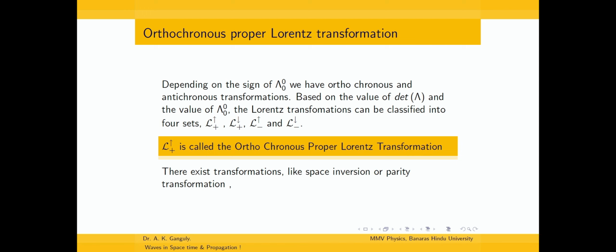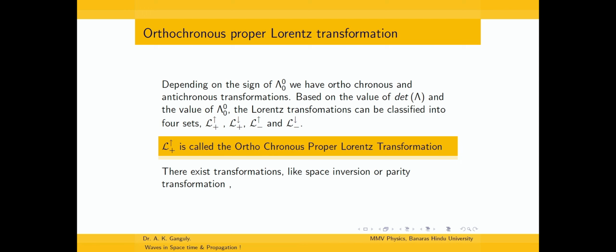So, now if we take these two conditions and do a little bit of permutation and combination, then we see we can have determinant of lambda plus 1 with these two other conditions. Those we have defined as orthochronous and antichronous, depending on whether lambda 0 0 is greater than or equal to 1 or less than or equal to minus 1.